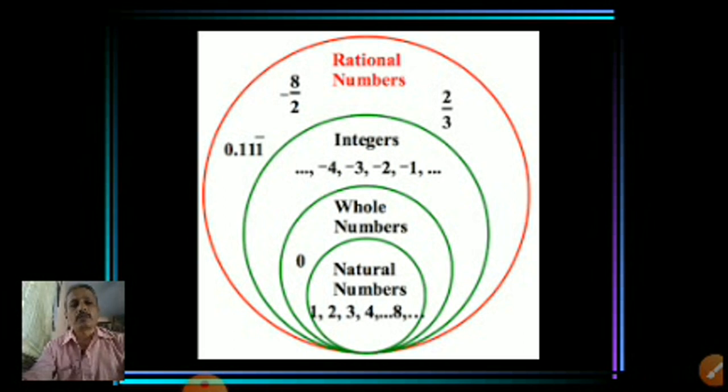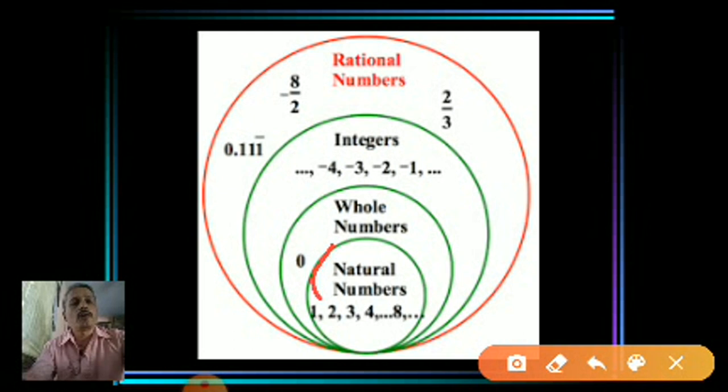Integers start from negative numbers. Suppose we take minus 4, minus 3, minus 2, minus 1, and then after that whole numbers, that's 0, 1, 2, 3, 4, 5, etc.